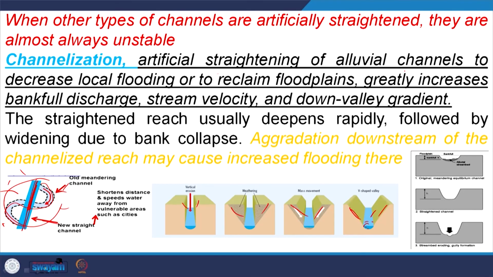Artificial straightening of alluvial channels to decrease local flooding, to reclaim floodplains, greatly increases bankfull discharge, stream velocity and downstream valley gradient. The straightened reach usually deepens rapidly, followed by widening due to bank collapse. Aggradation downstream of this channelized reach may cause increased flooding there. So, we are solving one problem and creating another problem.